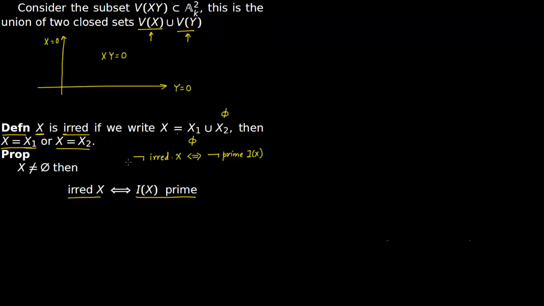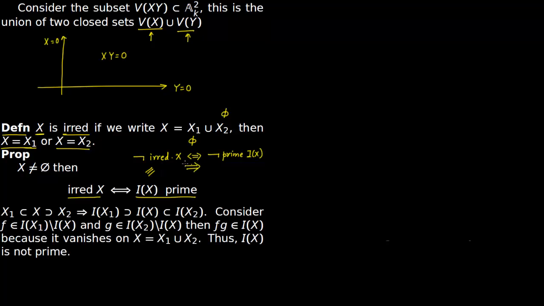So we are using contrapositive. These two statements are the same by contrapositive. So let us do this first part: x is reducible, or not irreducible, would imply I of x is not prime.